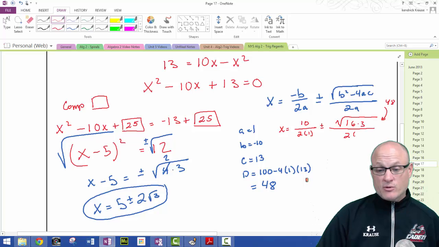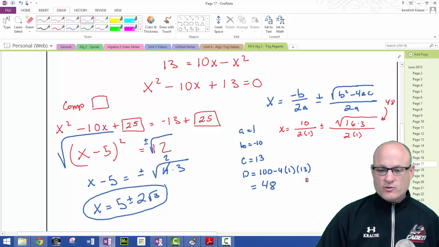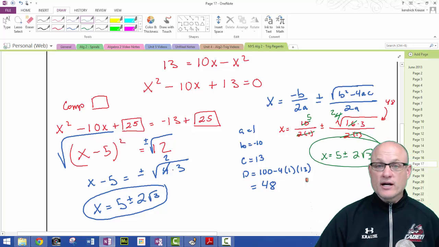And then 2 times 1. Square root of 16 is 4. This 2 cancels with this 4 and makes this 2. 2 goes into 10 5 times, and I'm left with x equals 5 plus or minus 2 radical 3. And either way, you arrive at the same solution.